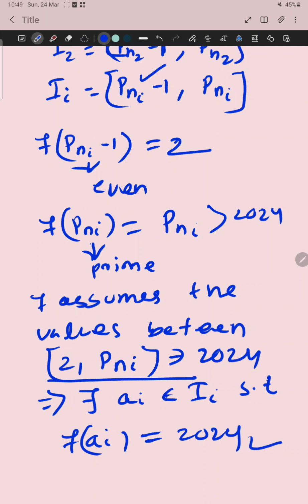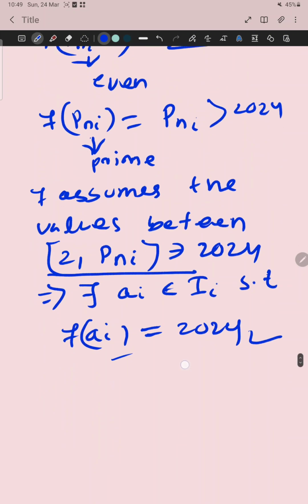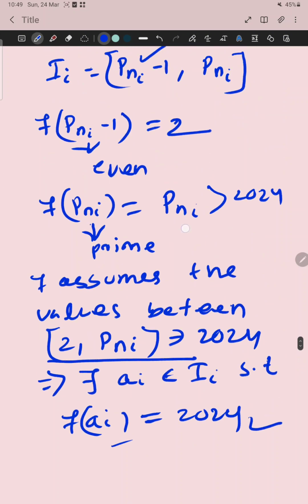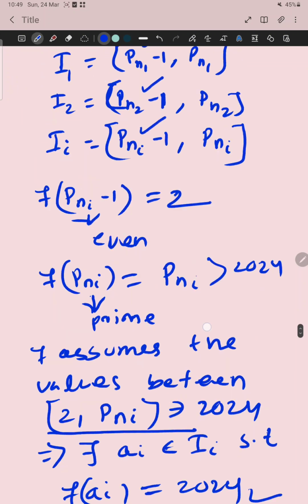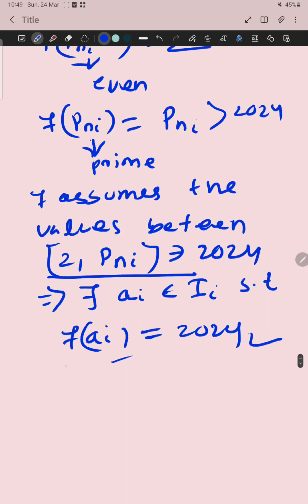So from this we conclude that there exists ai belonging to Ii such that f of ai equals 2024. And these intervals I1, I2, I3 are infinite in number, and so is the number of ai.